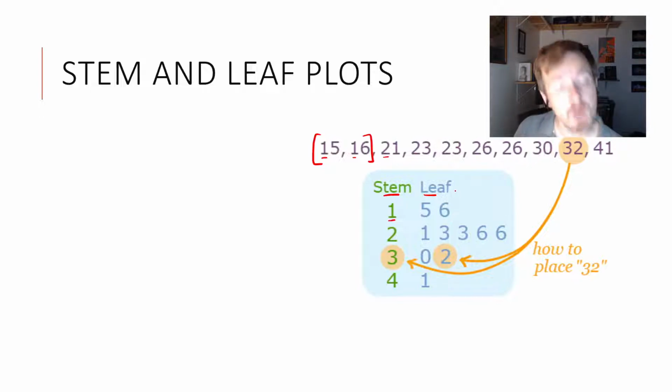That lets us know that in this data set we have a 15 and a 16. Now, we can look at the 20s. For the stem of 2, we have a 1, a 3, a 3, a 6, and another 6. So if I were to ask you how you would plot out 32, you go for the stem of the 3, which represents the 30s, and then you put in the 2 for 32.